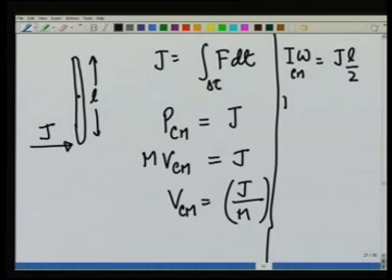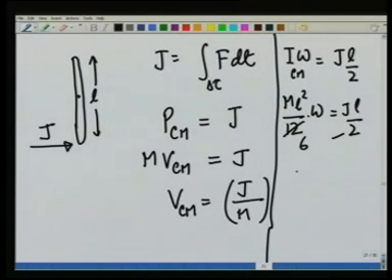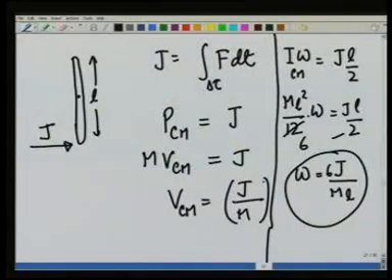And therefore, M L square over 12 times omega should be equal to J L over 2, and it ends up getting omega equals J over M L times 6. So, it rotates as it moves with this angular speed, and the center of mass moves with this speed.